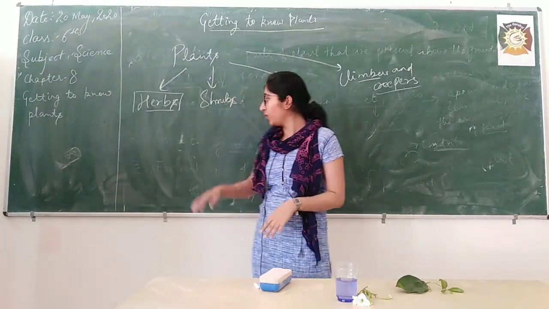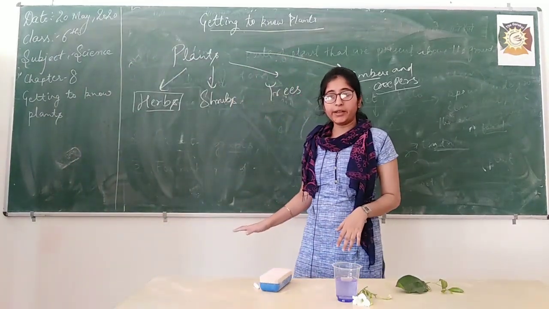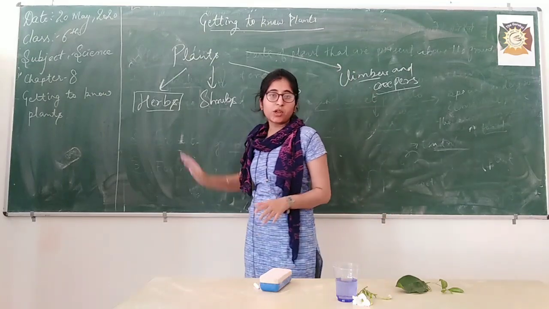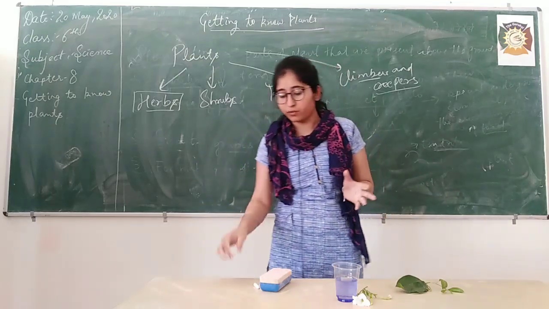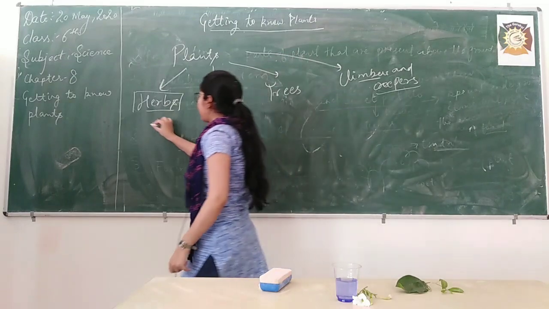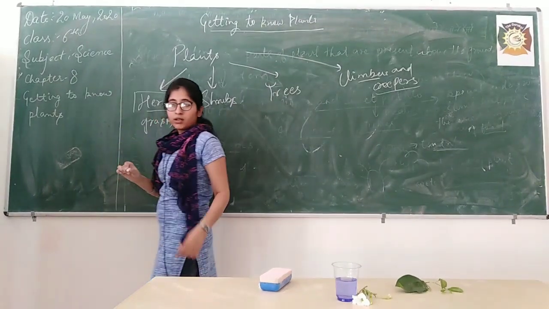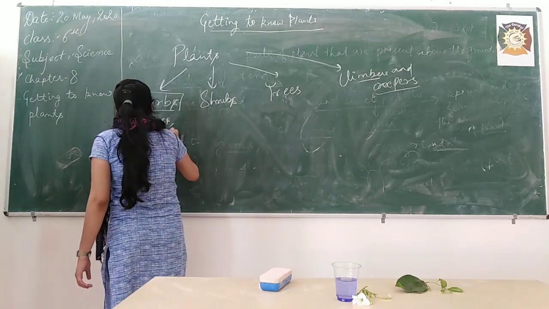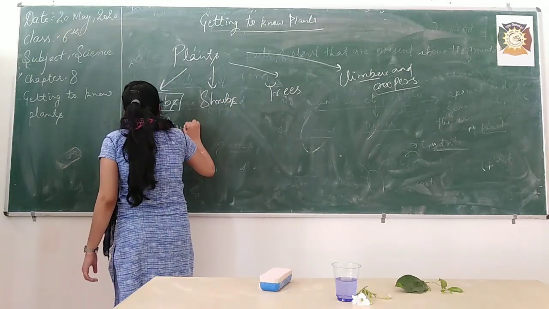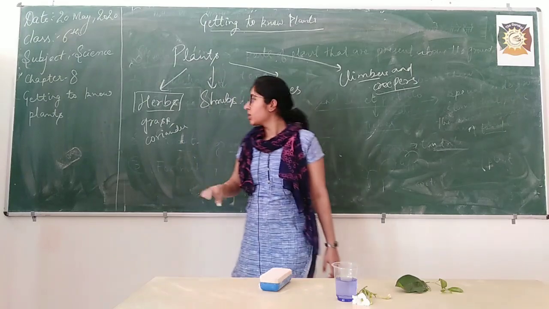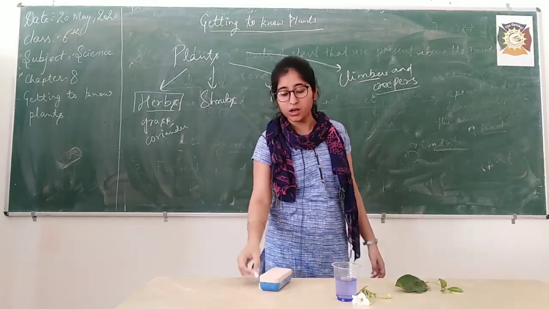Means these have very short height, right? And the stems are not so thick. These are very soft. What are the examples? Examples are grass, and coriander, mint as well you can say. Okay, so these are the herbs.